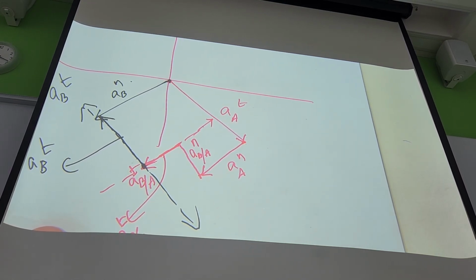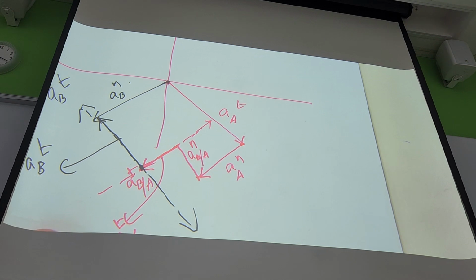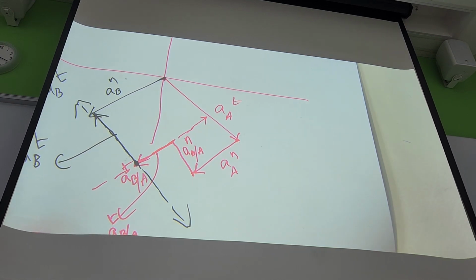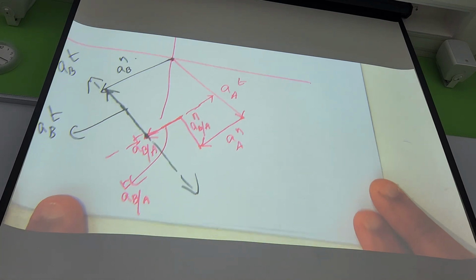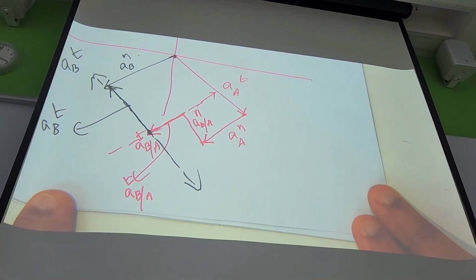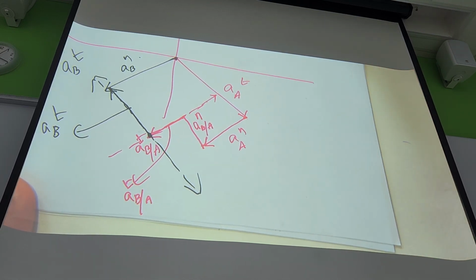You know the magnitude and directions of all normal components. You only need to find the tangential components of B and BA. Yeah, we stop now.